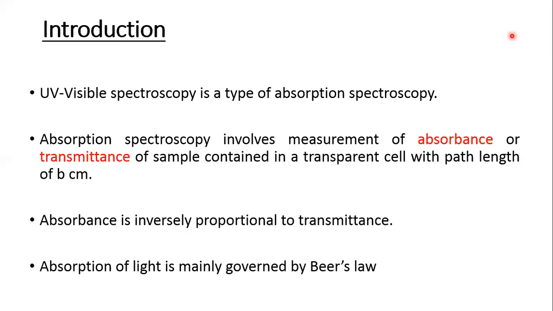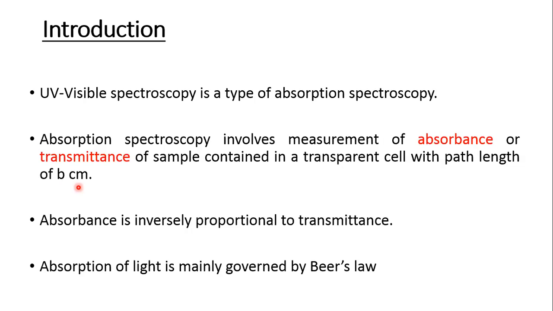Now let's start with the introduction. As we discussed earlier, UV-visible spectroscopy is a type of absorption spectroscopy, and it mainly involves the measurement of absorbance or transmittance of a sample contained in a transparent cell with a path length of b centimeter.